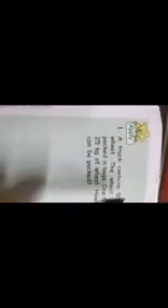Now we see the next one, that is on page number 17. Okay, so on page number 17 we see the first apply problem. What is the problem? A truck contains 50,100 kg of wheat. The wheat has to be packed in bags. One bag can hold 25 kg of wheat.